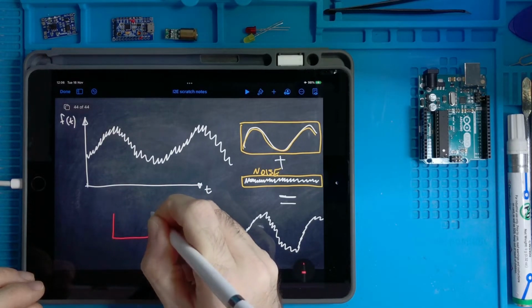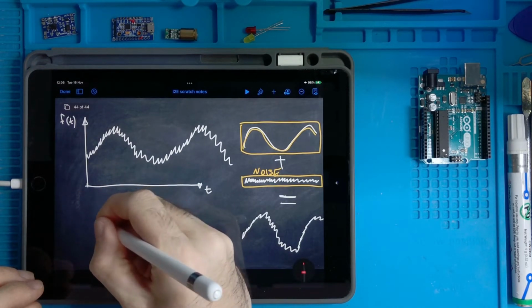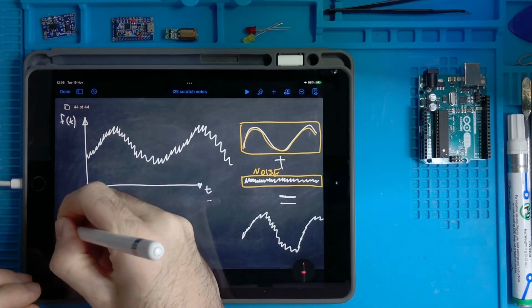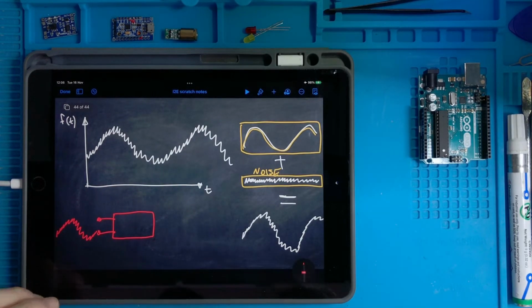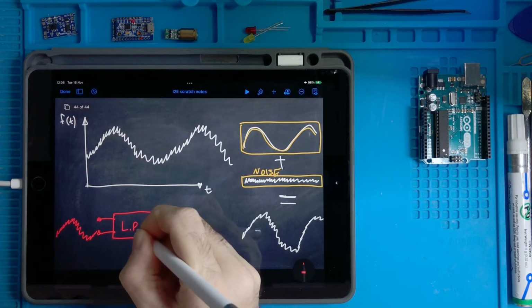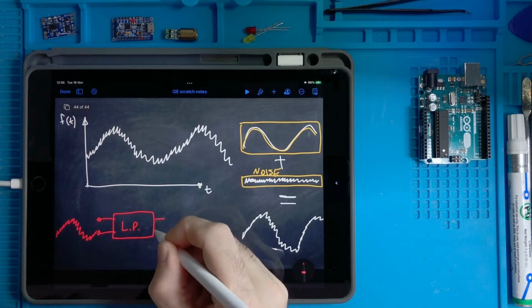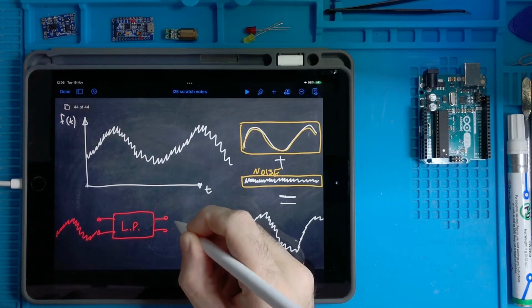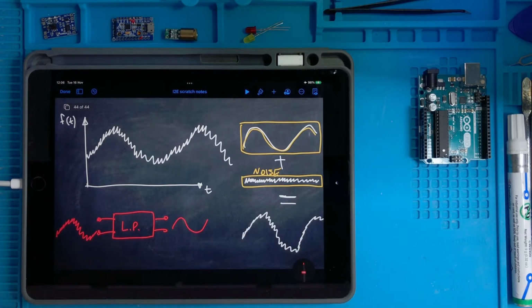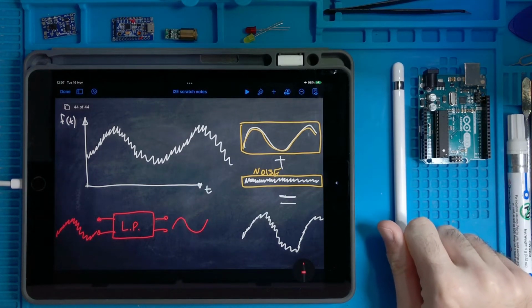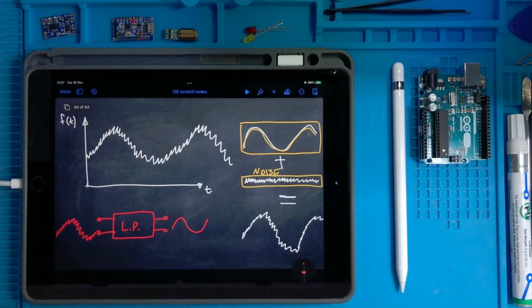So we put our noisy signal as the input of a low pass filter, and then we recover our smooth signal like this. So this is the first application of a circuit that does something in the frequency domain. It removes frequency components which are not interesting for us.